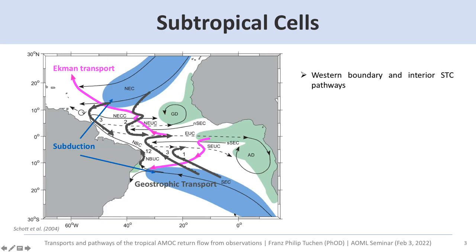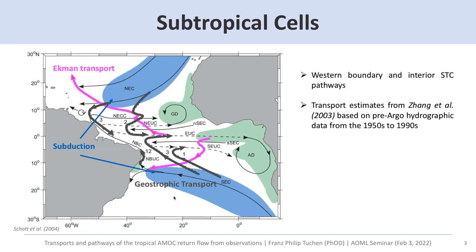In principle, there's also a third possibility for subducted water besides the western boundary pathway and the interior pathway, which is for the case when they are reaching the western boundary too far south, at least in the case of the southern hemisphere, too far south of the bifurcation area of the SCC. Then these water parcels are just recirculated within the subtropical gyre and do not participate in this overturning circulation associated with the SCC. Okay, but keep in mind there are two different pathways, interior and western boundary pathways.